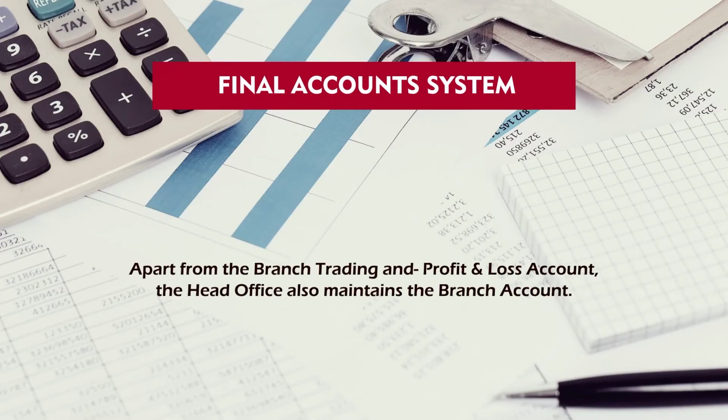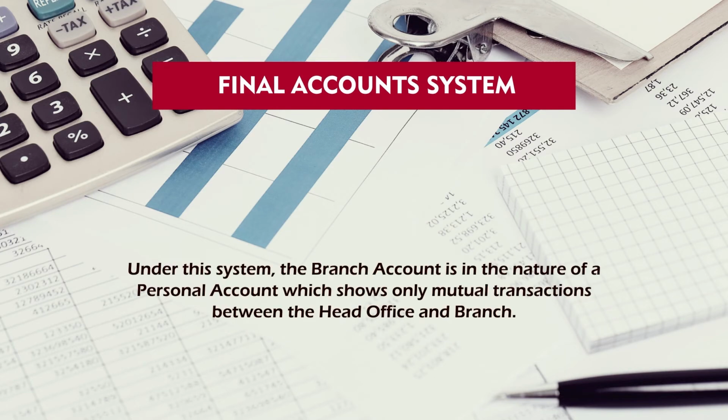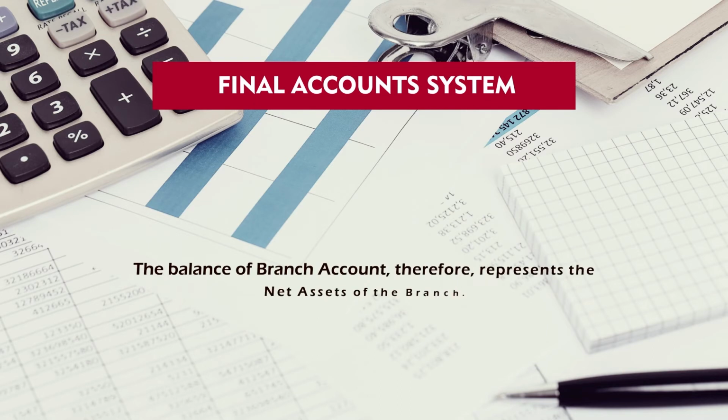Apart from the branch trading and profit and loss account, the head office also maintains the branch account, but under this system, the branch account is in the nature of a personal account, which shows only mutual transactions between the head office and branch. The balance of the branch account therefore represents the net assets of the branch.